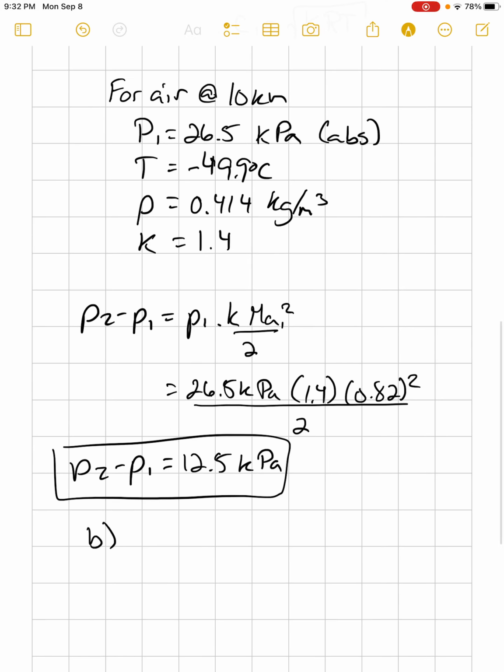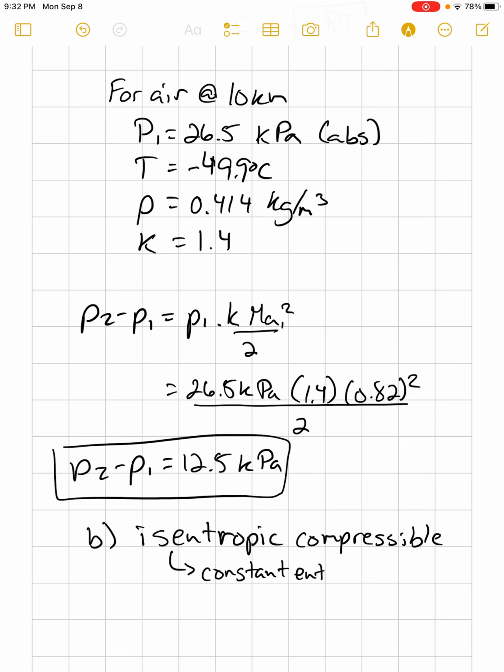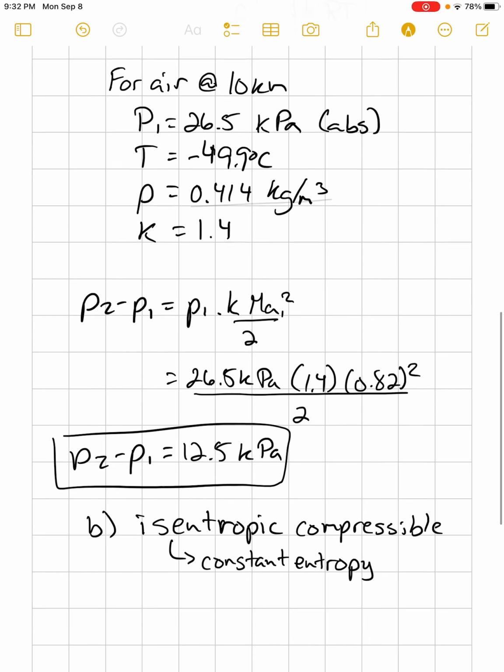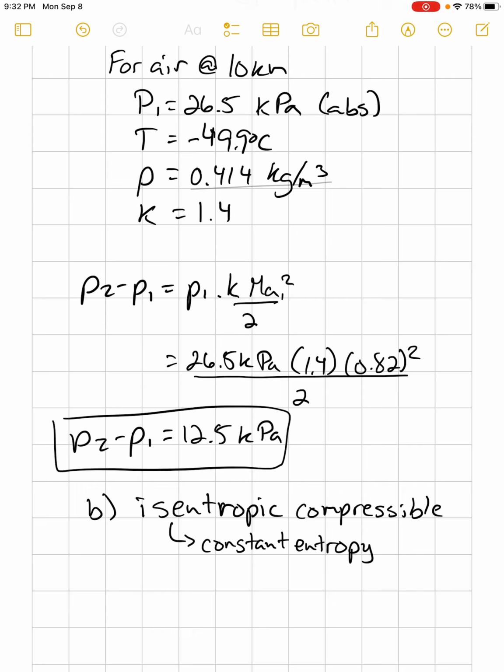When it's compressible, it's, in fact, specifically when it's isentropic compressible. What is isentropic? Well, this is a special case of a process. Okay, so isentropic basically means constant entropy, and the implication of that is that basically it's a reversible adiabatic process with no heat transfer.